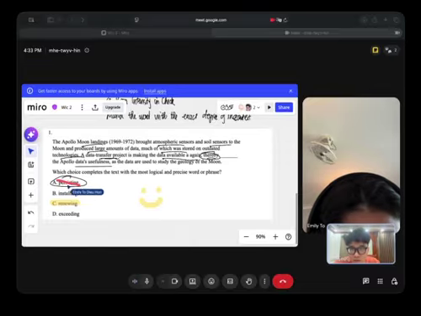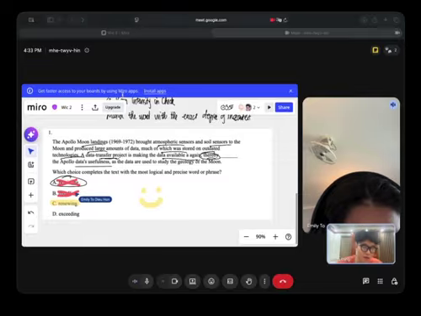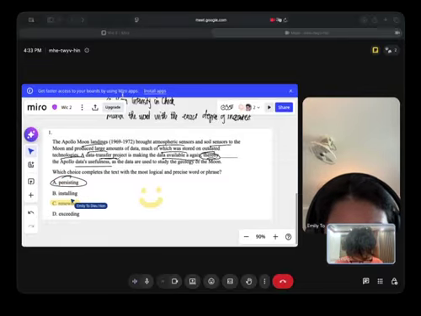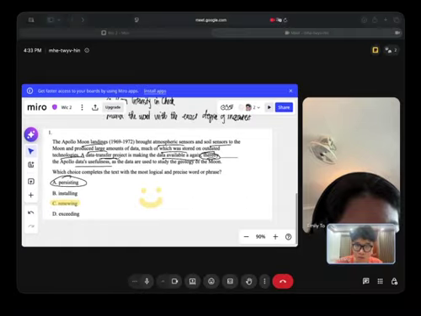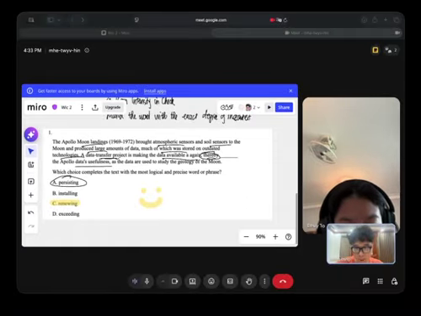Exceeding means, I need to define it for you in English. Exceed means be greater in number or size than something.